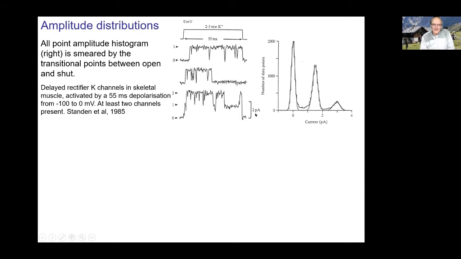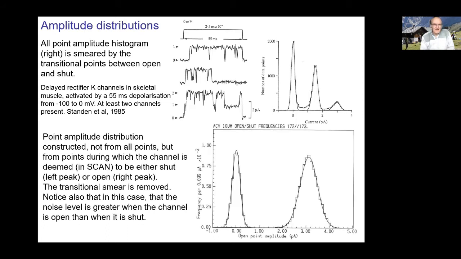There's a smear here because of the non-instantaneous transitions from shut to open. If you fitted it with our scan program, then you know how long the transitions take, because that comes from your step response function.